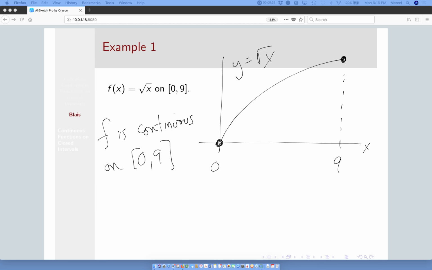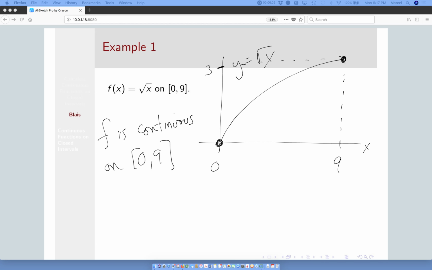And so remember, besides the continuity from the right at 0 and from the left at 9, having regular continuity in between 0 and 9 means no jumps, no holes, no vertical asymptotes. Okay. And maybe we can label this here. This is 3.